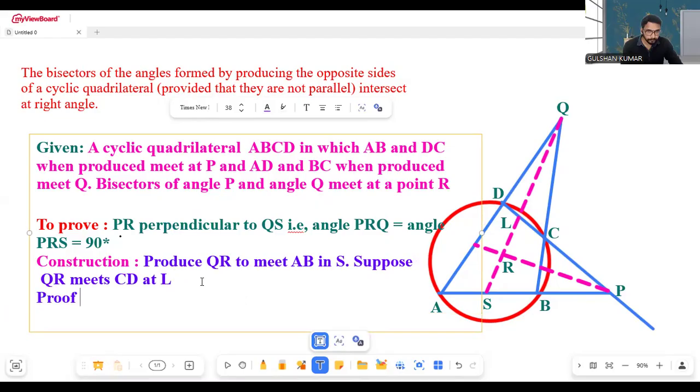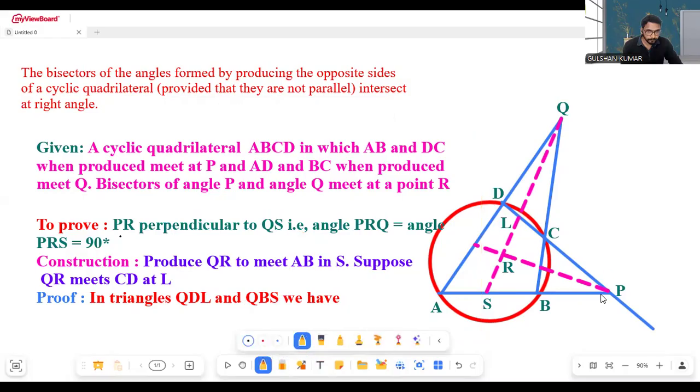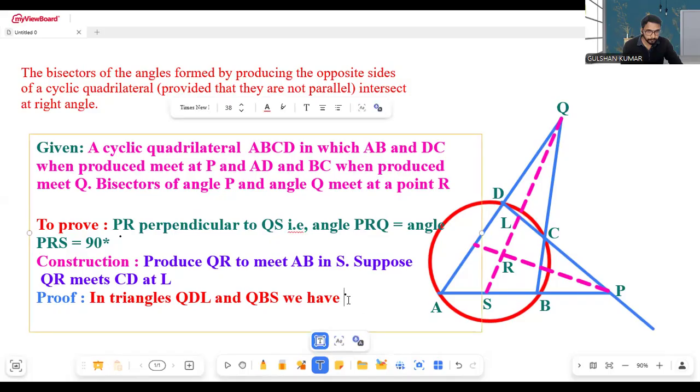Now this is the proof. In triangles QDL and QBS, we have to consider these two triangles.